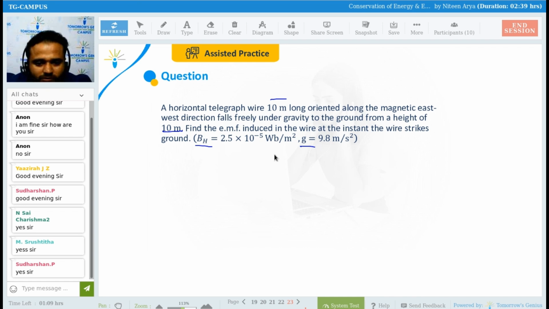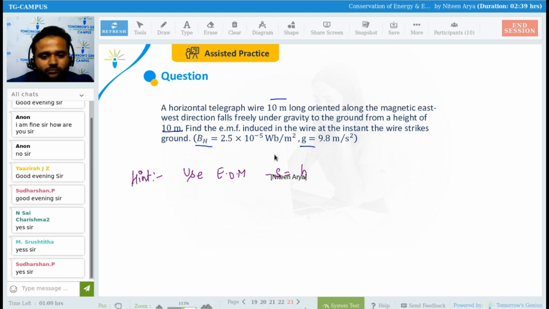So the main thing is that you need to find V only. How are you going to find it? S is also given, S is H here. One simple hint: use kinematics, the equation of motion. S, which is H, is given.